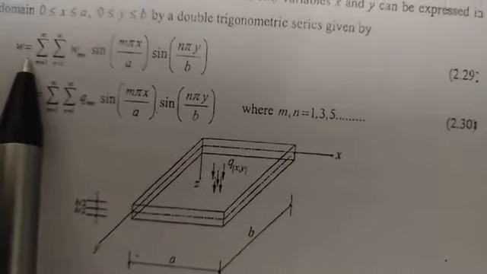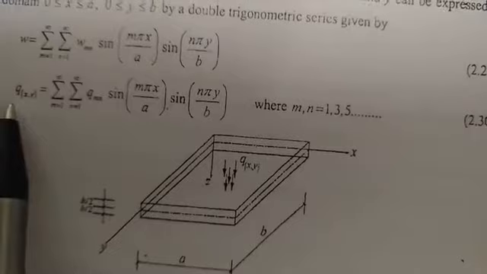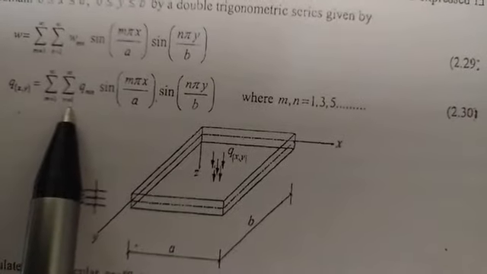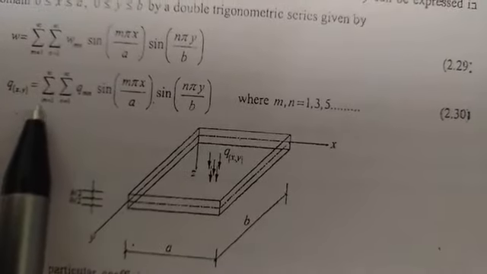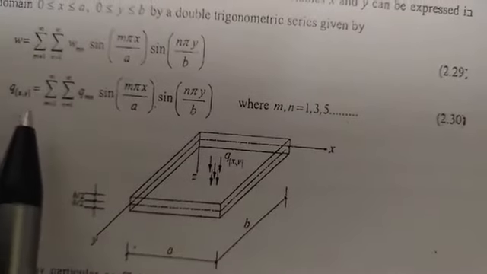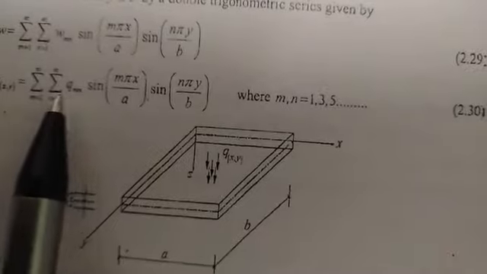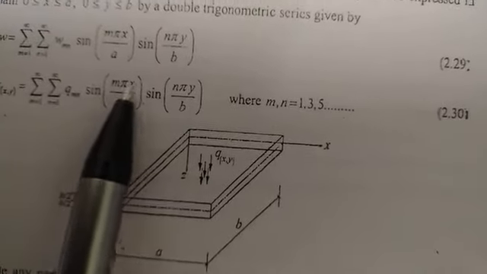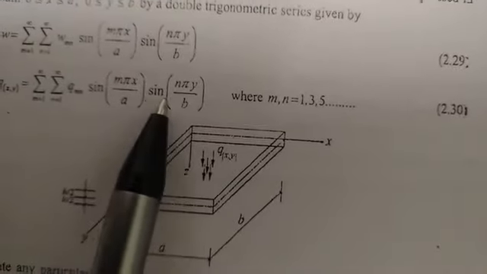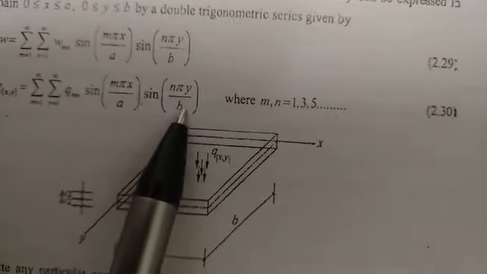So this is the equation for deflection w, and for q(x,y) we can write summation m is equal to 1 to infinity, summation n is equal to 1 to infinity, q mn sin m pi x by a sin n pi y by b.